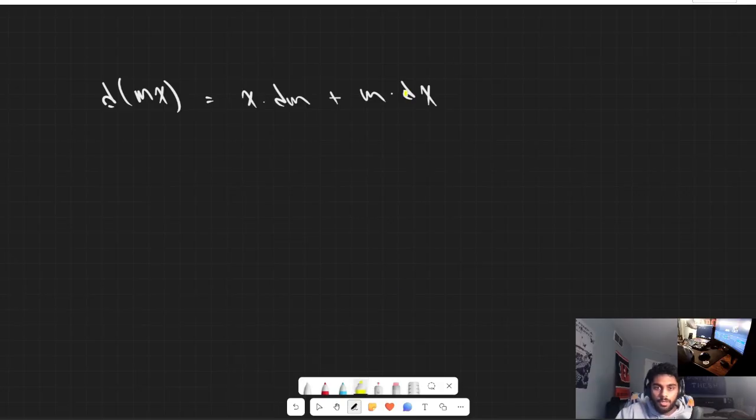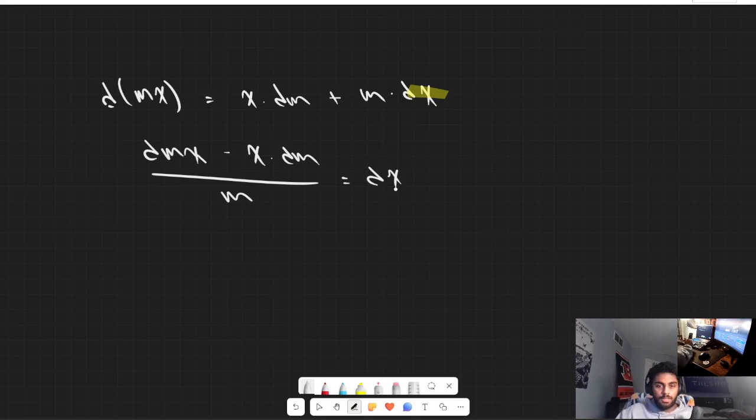What we're after is dx here. So what we're going to do is, dmx minus x times dm all over m equals dx. So just a very simple calculus problem there.